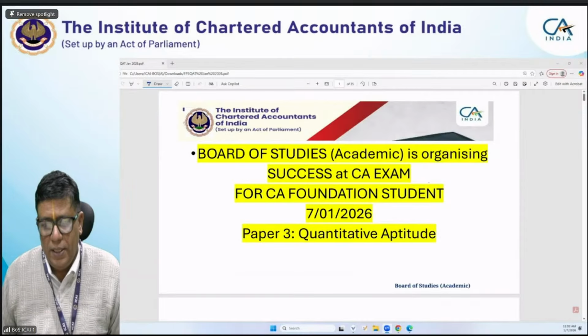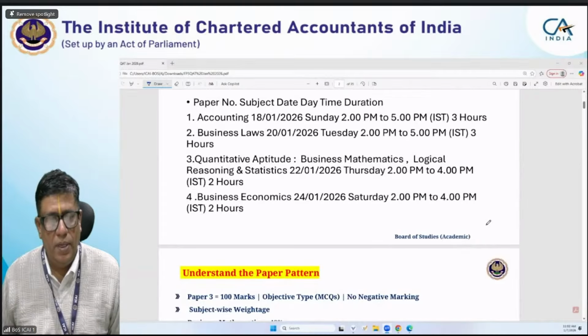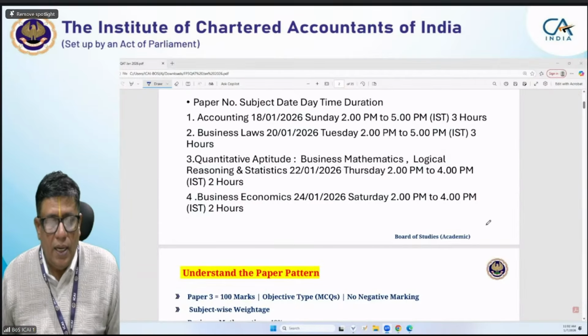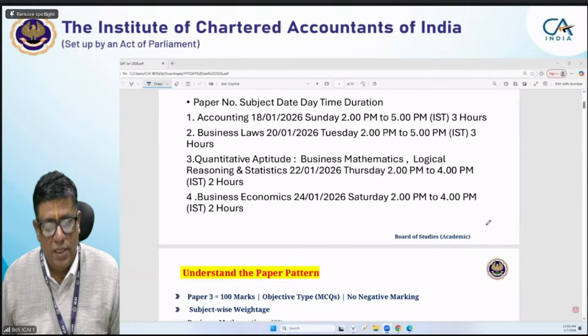You know, the date schedule of the examination is: Paper 1, Accounting, is on 18th, Paper 2, Business Laws, on 28th January, the Quantitative Aptitude paper, business mathematics, logical reasoning and statistics, on 22nd January, and Business Economics on 24th January.